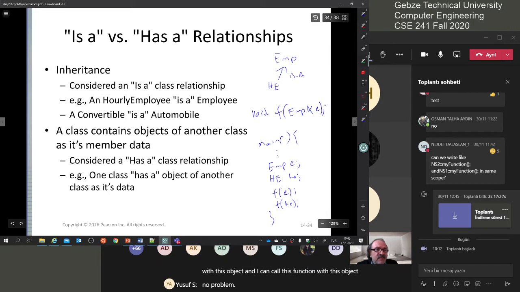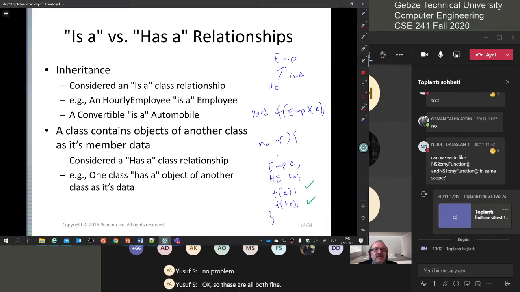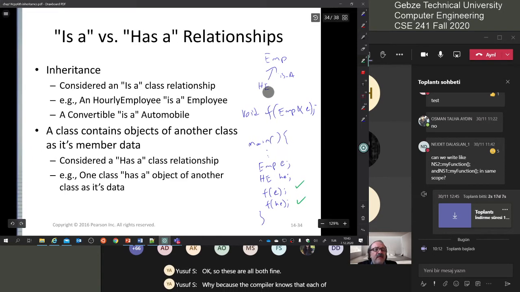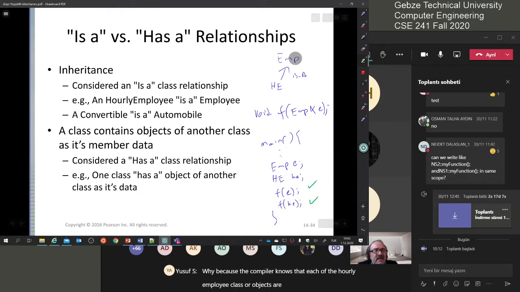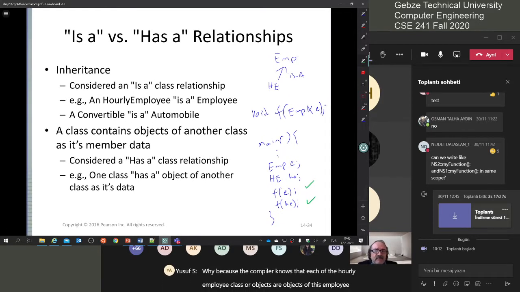Both are fine. Why? Because the compiler knows that each of the hourly employee class objects is an object of the employee class. There is a relationship between them, and the compiler knows about this.